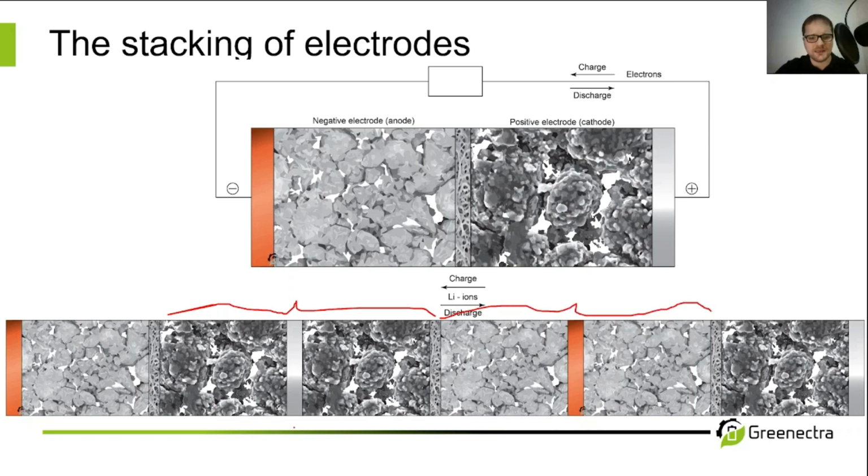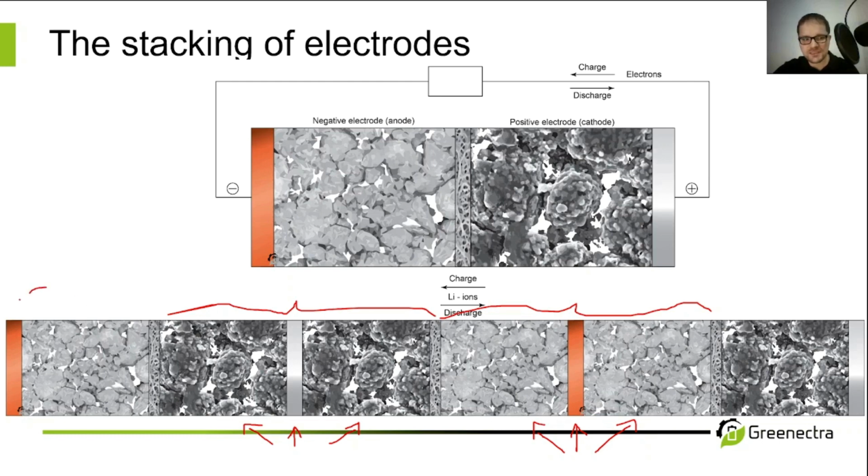On the left side, we have an aluminum foil coated on both sides with positive active material, for example, nickel manganese cobalt oxide, NCM or NMC. On the right side, we see a copper foil coated on both sides with negative active material, for example, graphite.